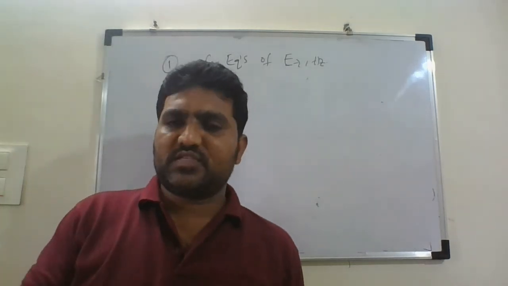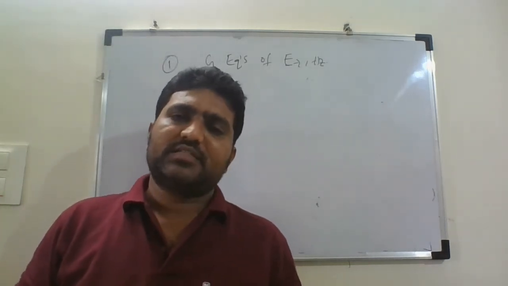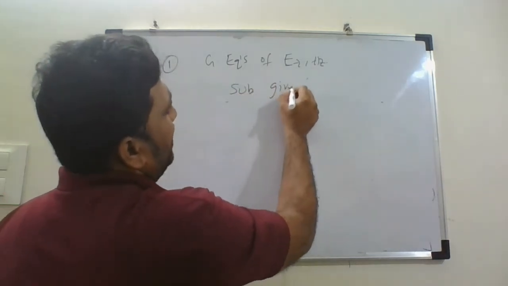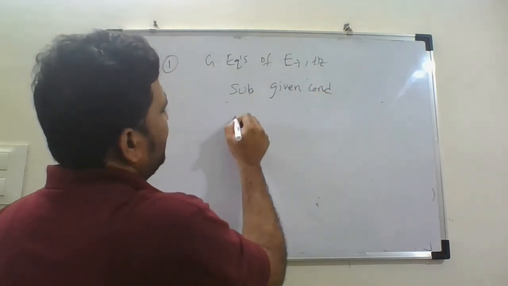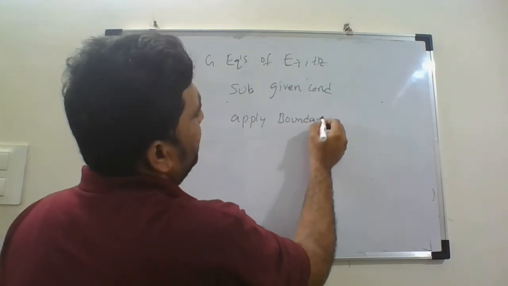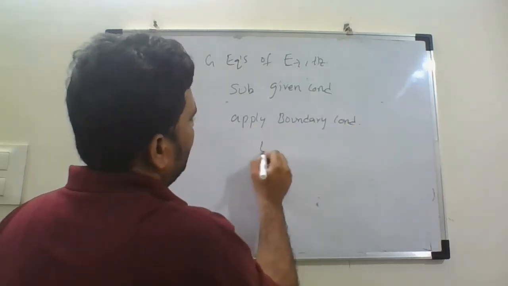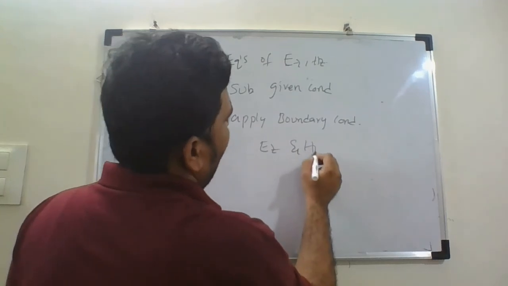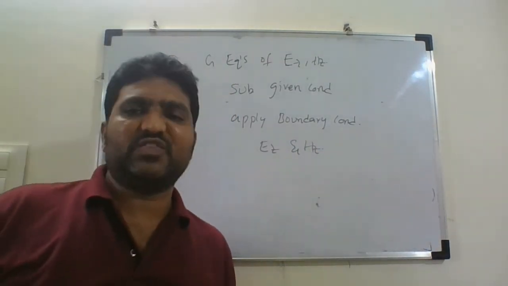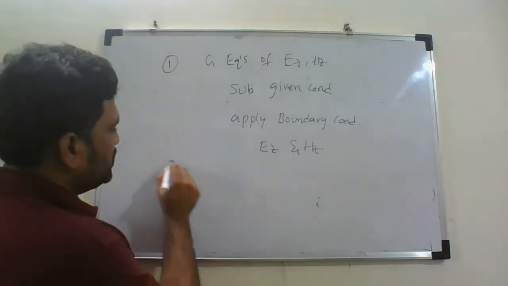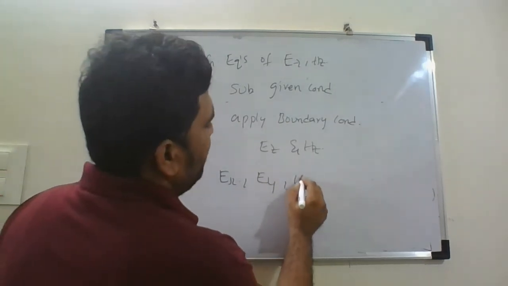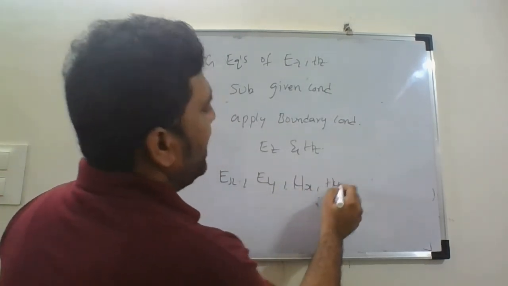In these expressions, substitute the given conditions, apply the boundary conditions, and solve for Ez and Hz. Once I get the solution for Ez and Hz, using those two values we can determine all the other values, Ex, Ey, Hx, Hy, using the above equations.